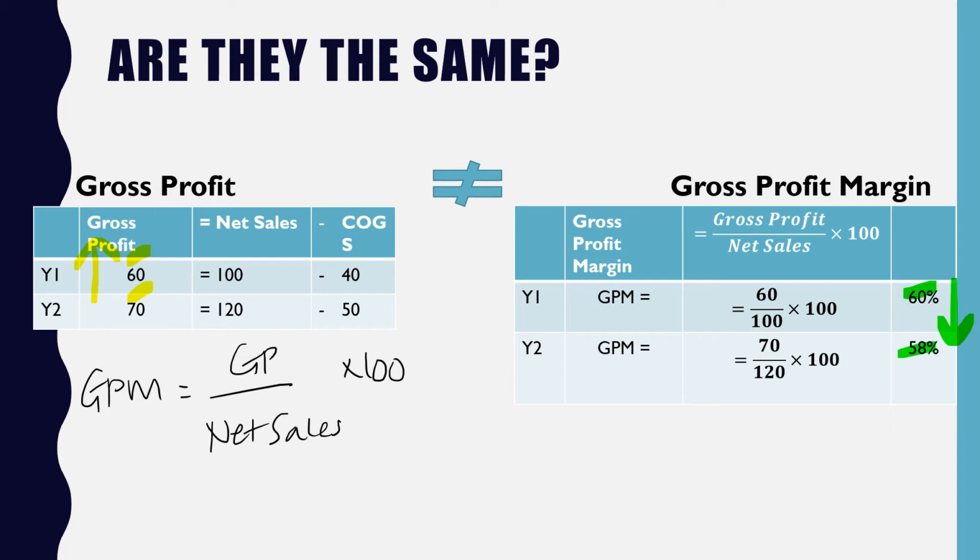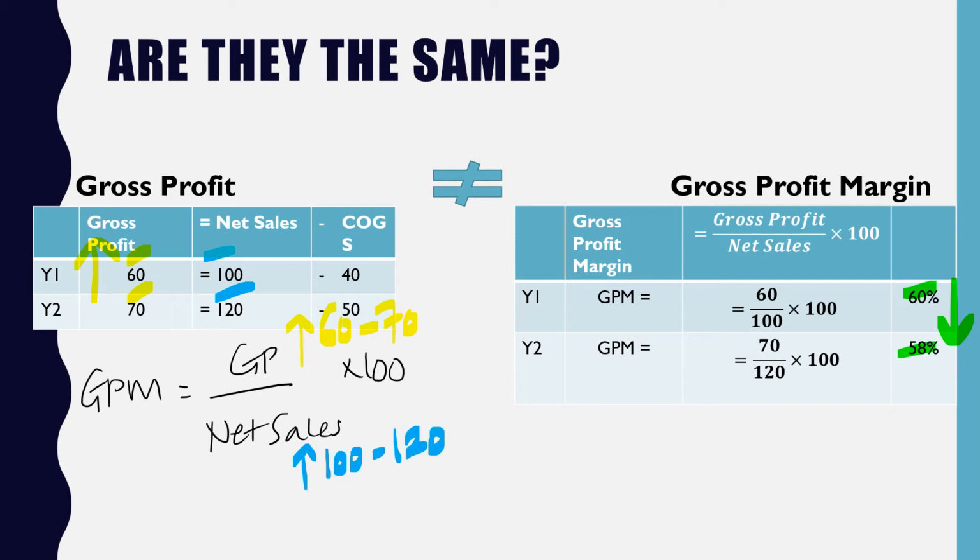Using our example here, we can see that we had a decrease in gross profit margin. Our gross profit actually increased from $60 to $70. Our net sales also changed, and it was actually an increase from $100 to $120.